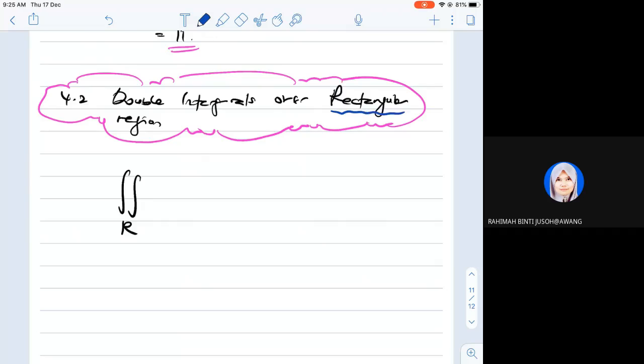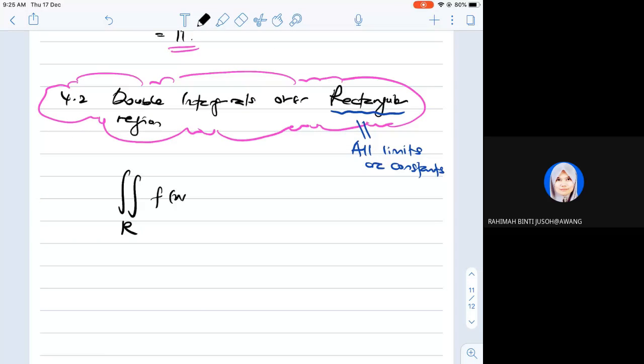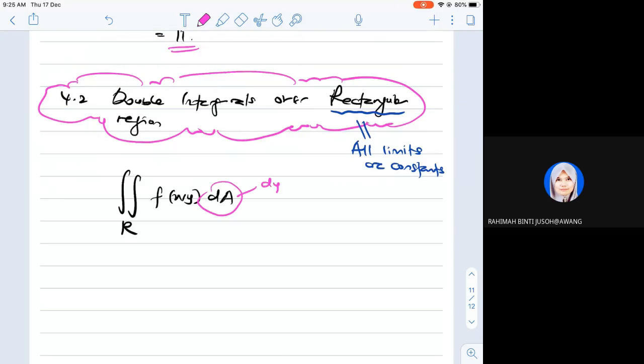Rectangular region means all limits are constants. So the formula should be f(x,y) dA. Of course this dA can be either dy dx or dx dy. It's up to you. For the case of rectangular, you can just switch the order of integration.